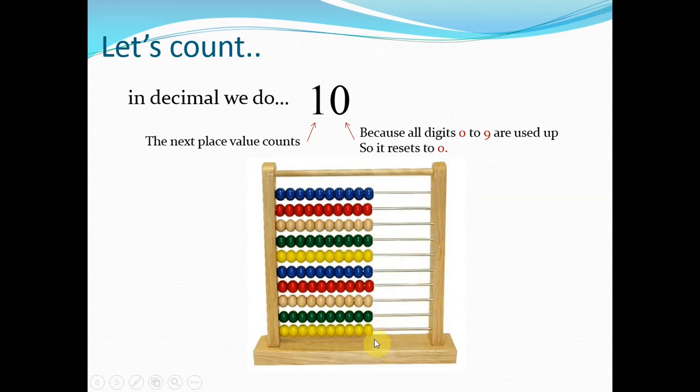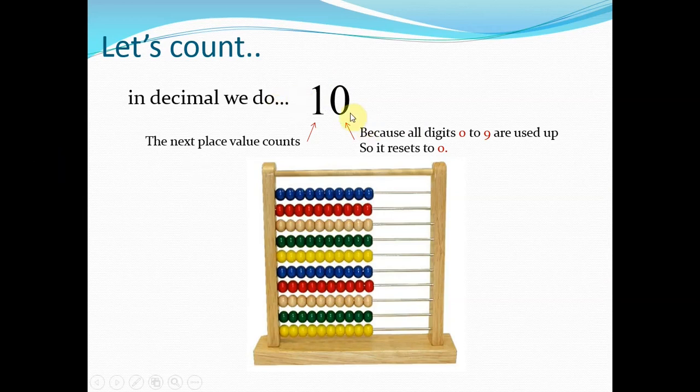So one sheep passes by, you move 1 bead, and then another sheep passes by, you move 2 beads. There are now 2 beads here, and now you know that there are 2 sheep. But when you count it without using the abacus, you say 1, then 2, right? Until all of the beads here are used up or moved to one side. That is also synonymous to having 9 here. Now after 9, do we still have another counting digit?